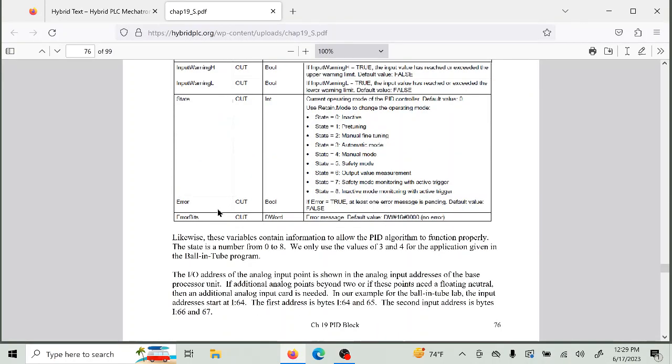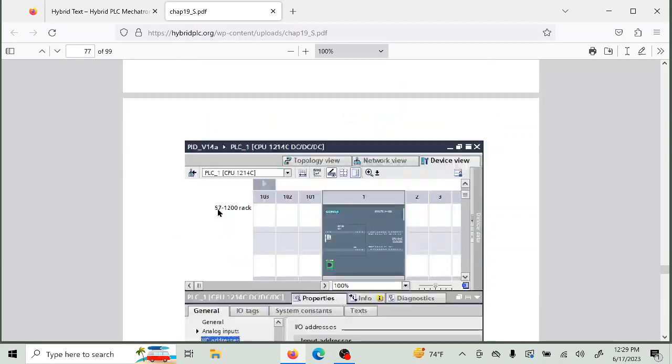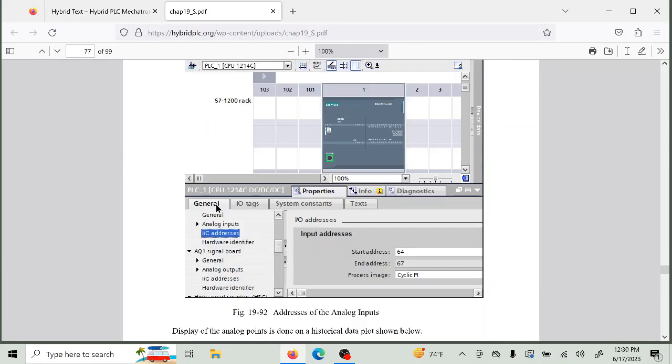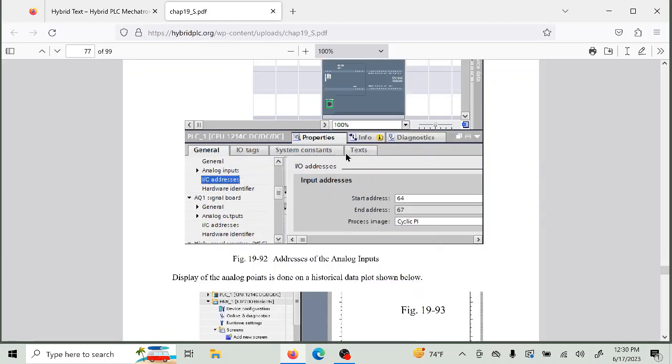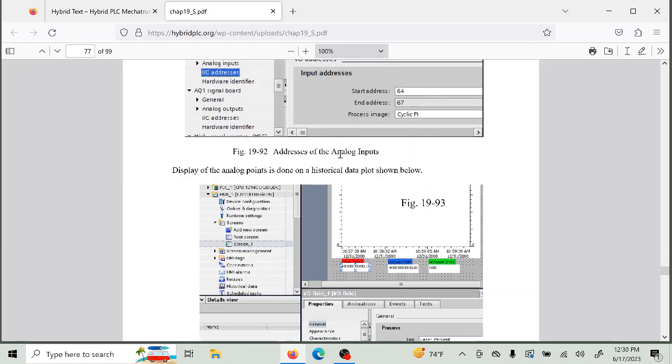That's something that's new. They've added it to the later PLCs, but you have to do it. So there's two things you have to do to the Siemens processor to get it to change state. 3 is auto, 4 is manual, and then you also have to toggle that bit on the left-hand side that says change state.